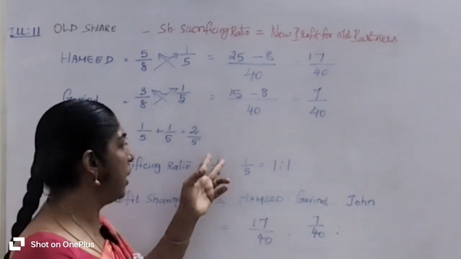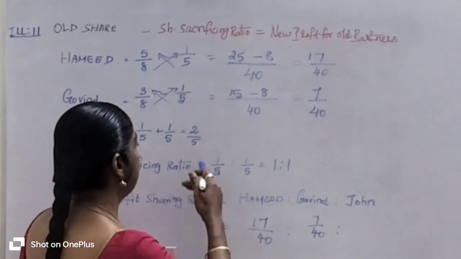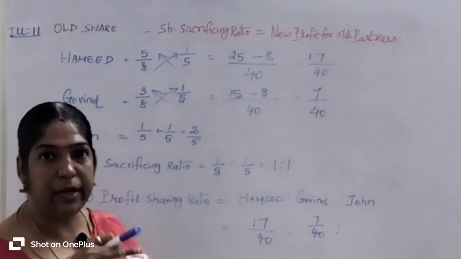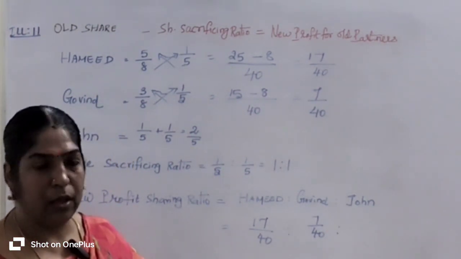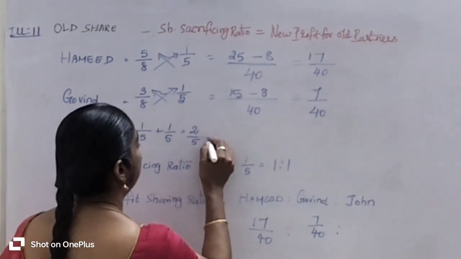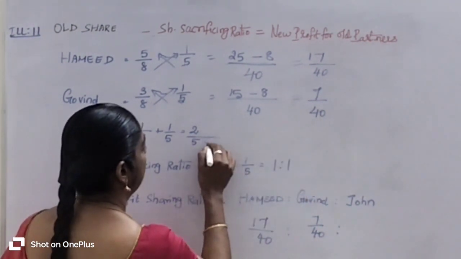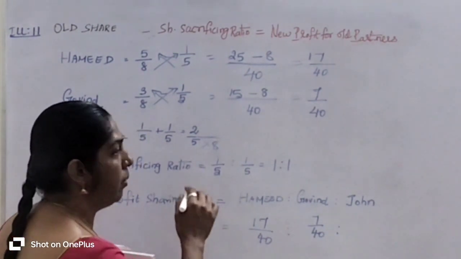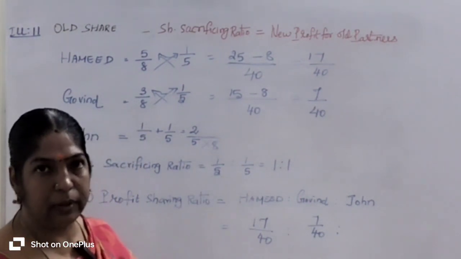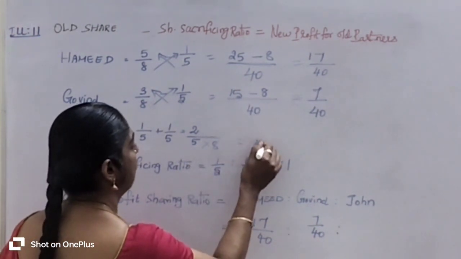In order to equalize it, we multiply by a number: for how many times a number multiplied with 5 will you get the denominator 40? 8. 8 times 5 is 40.